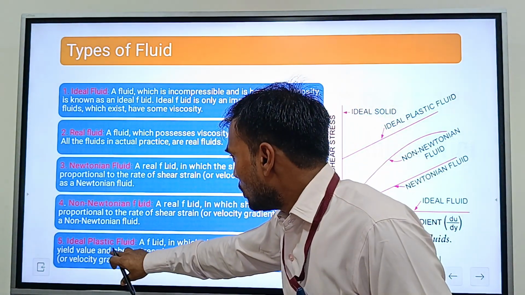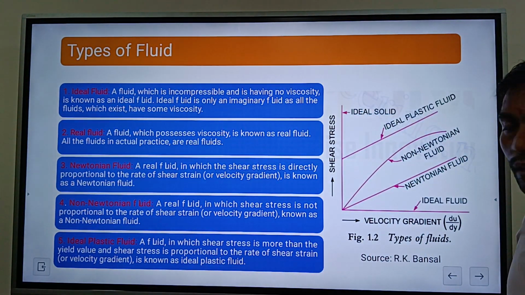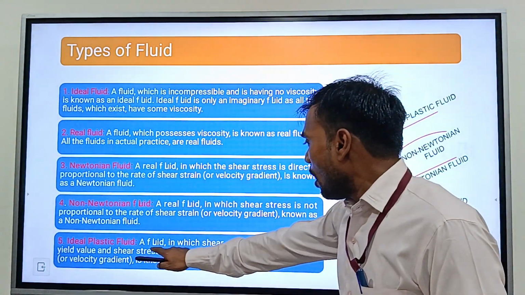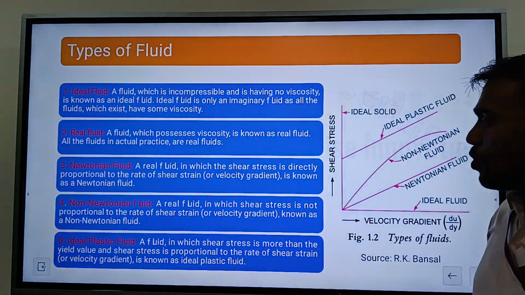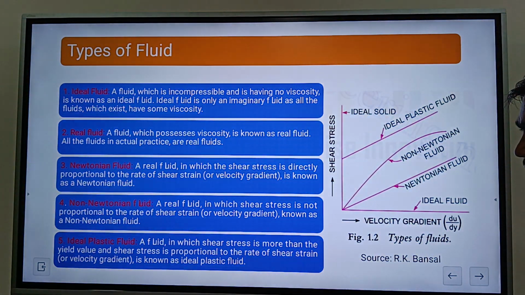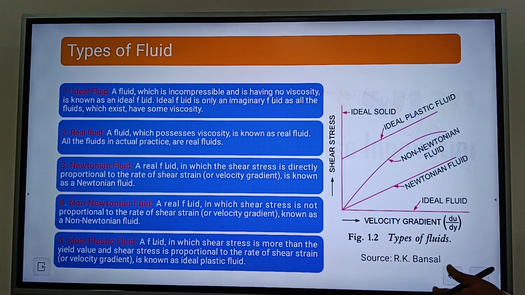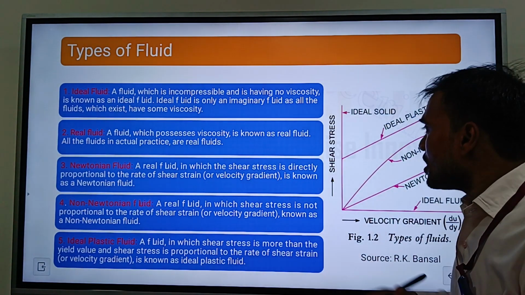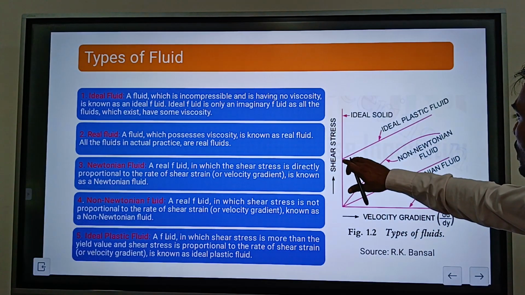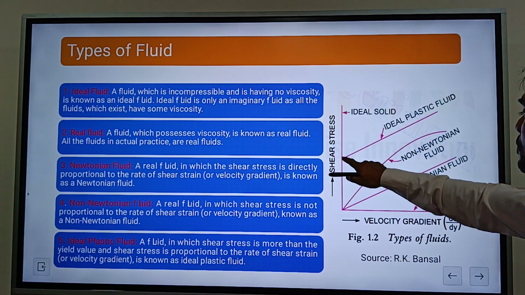Now the last one is the ideal plastic fluid. What is the ideal plastic fluid? A fluid in which shear stress is more than the yield value and shear stress is proportional to the rate of shear strain is known as an ideal plastic fluid. Means if we see in this figure, the ideal plastic fluid starts from here.